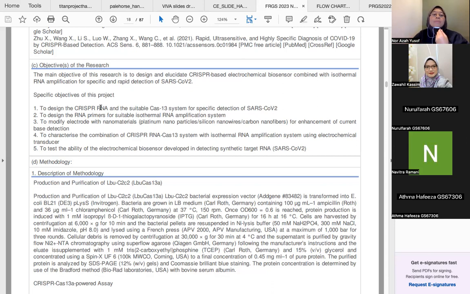And by the third objective, I should have a good electrode being modified. So when you design the objective, you should think about the end, what you want to achieve. So it is measurable. If you don't get a good modified electrode by the end, then you don't achieve the objective.